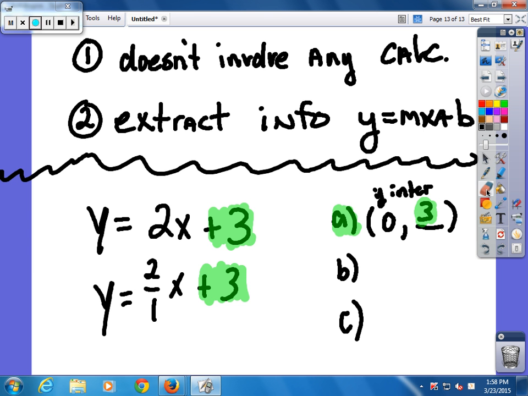B. B is going to be yellow. B is right here and right there. B is the direction of my slope. Now, before you make this confusing, it's not. Just tell me how many sides of the hill are there.